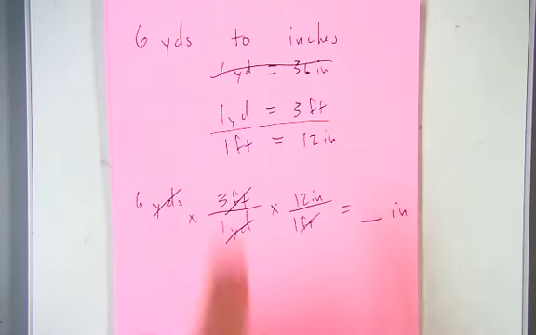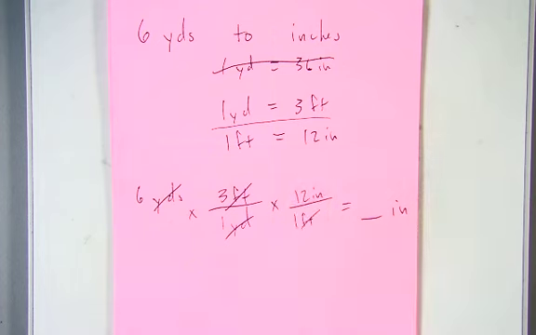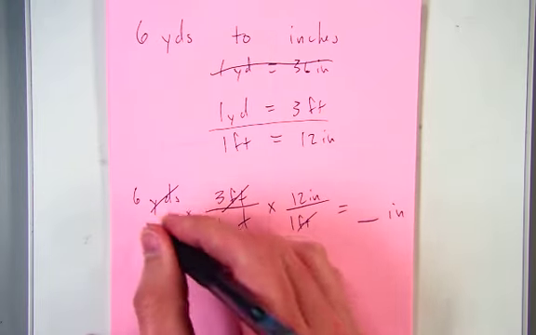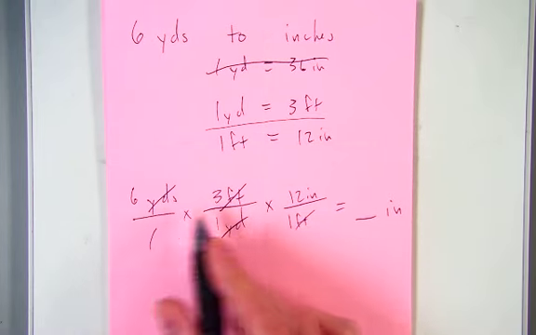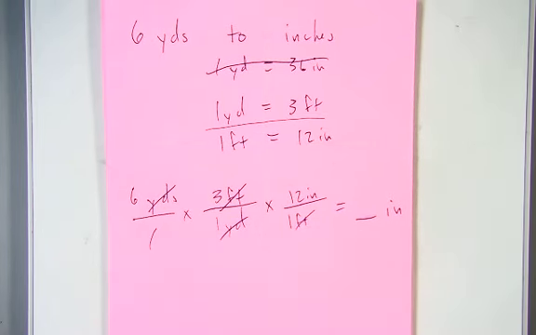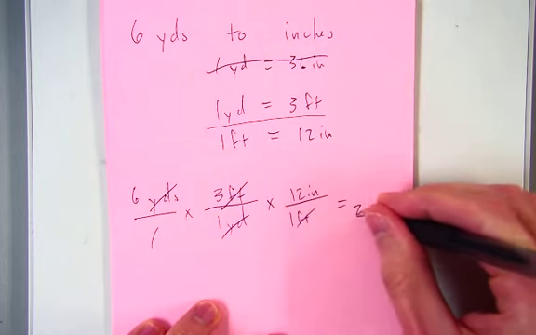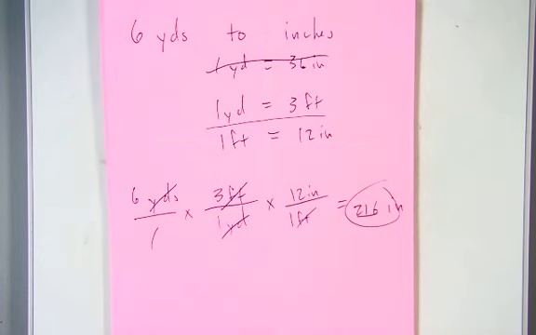So we could have done this in 1 step with that other conversion factor we talked about, but we can certainly do it with 2 simpler conversion factors as well if we want. And now if we look at our work here, everything's on the top. 6 and 3 and 12 is all on the top, so really this is just a multiplication problem now. So we're just going to multiply 6 times 3 to get 18, and then 18 times 12 will give us 216, and that is our answer to our problem.